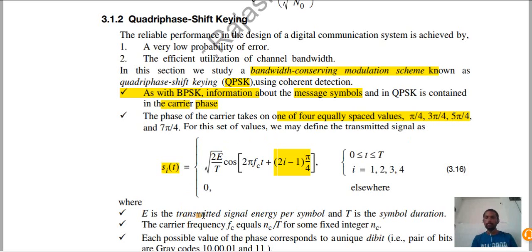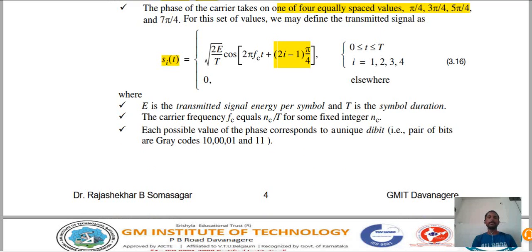That is shown in equation number 3.16, where E is the transmitted signal energy per symbol and T is the symbol duration. fc is the carrier frequency, as we discussed in binary PSK, which is equal to nc by T, where nc is some integer constant.